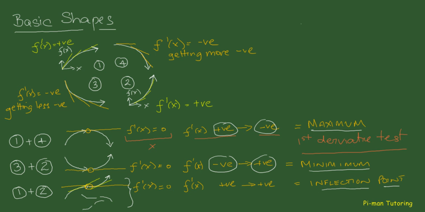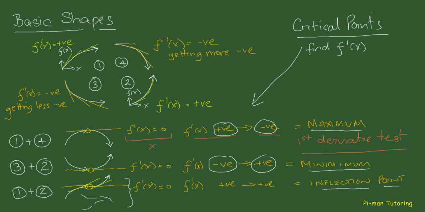Now again, in terms of terminology, we introduce the concept of critical points. And what we've been doing below here is finding f dashed of x equal to 0.